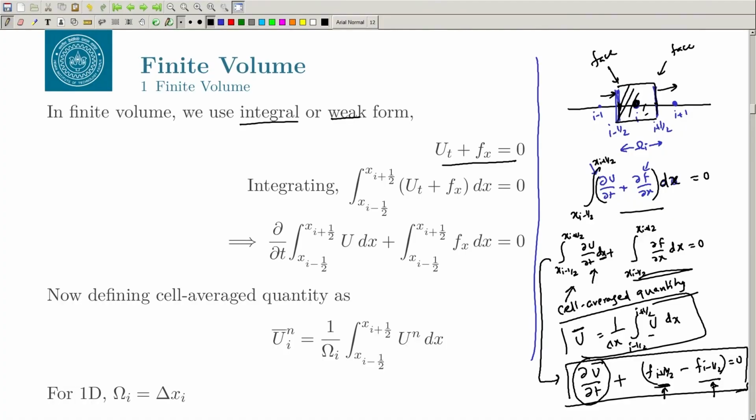And what you are saying is that this change in value is equal to whatever has gone out minus whatever has come in. Because this is a plus sign; if it were a minus sign, this would be the generation, that is, whatever came in minus whatever went out. So, these are the flux quantities F I plus half and F I minus half.